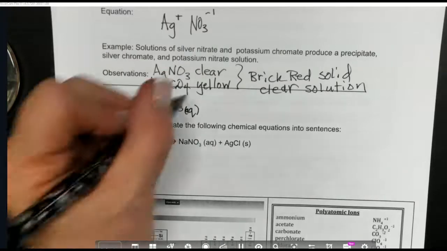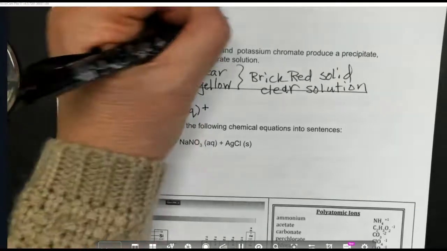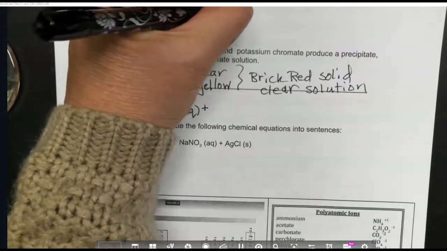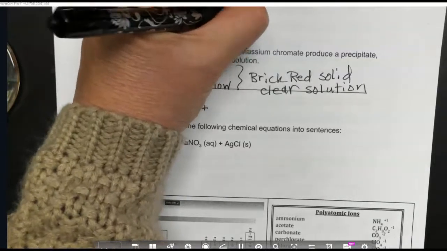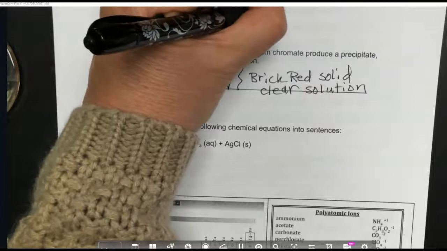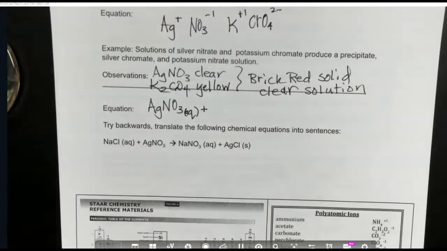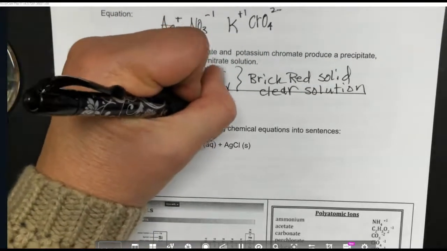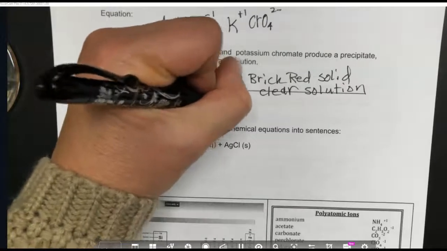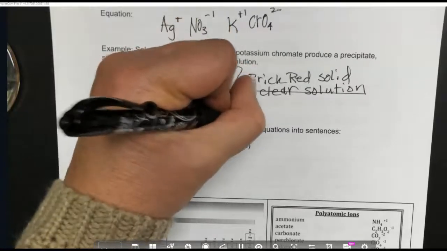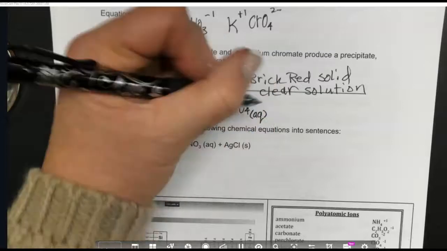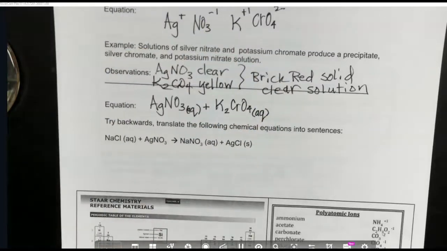And we added it together with the potassium chromate, which was K+ put together with CrO4 2-. The charges do not cancel this time, so I end up with K2CrO4. That was also a solution, a clear yellow solution.